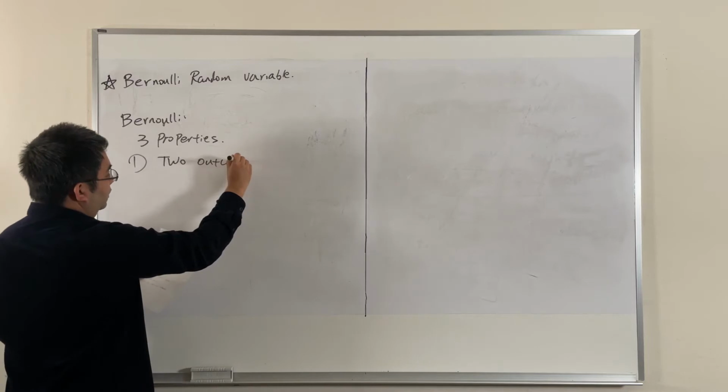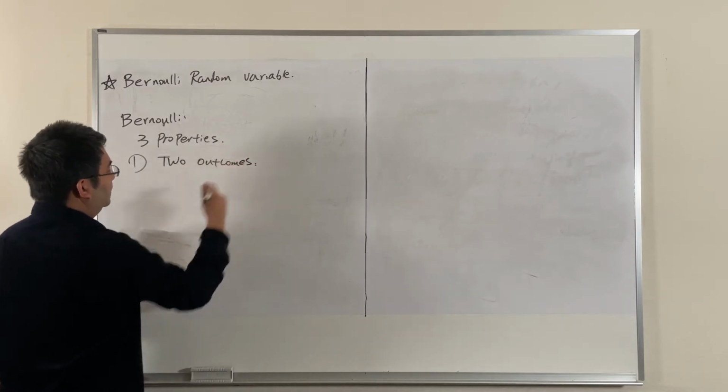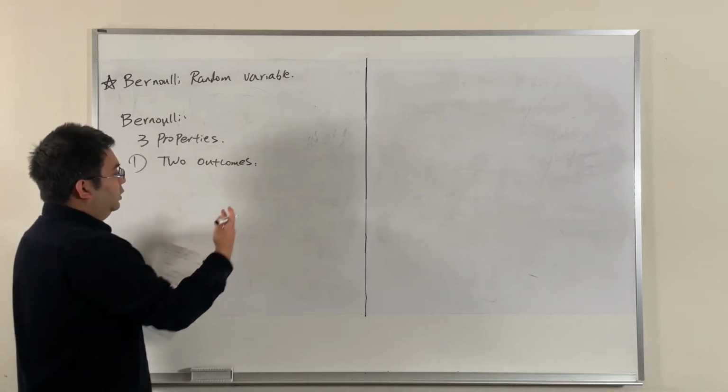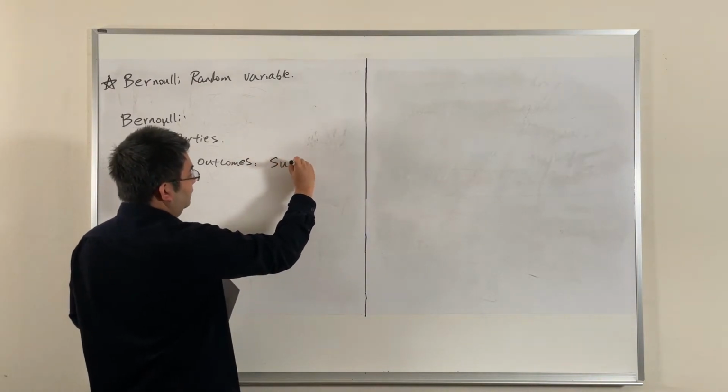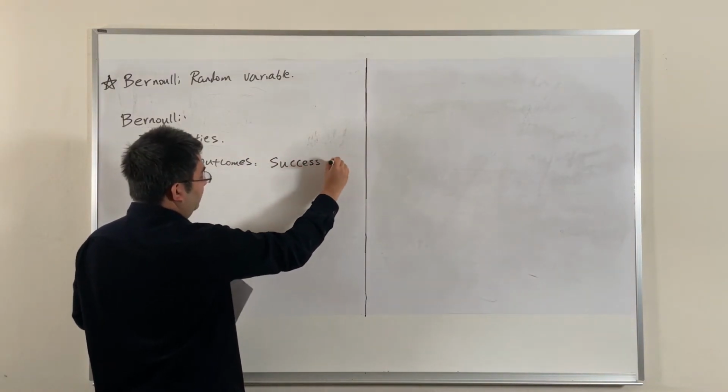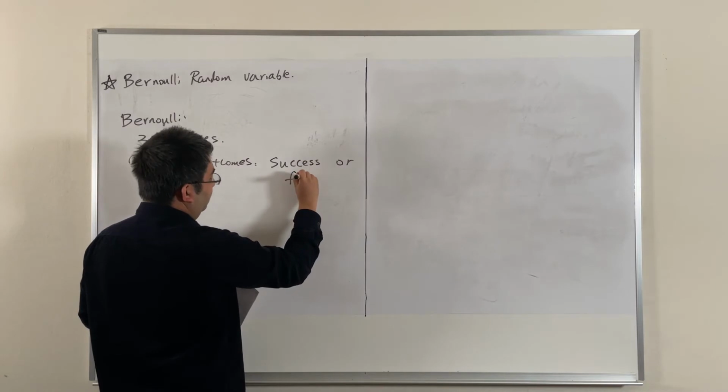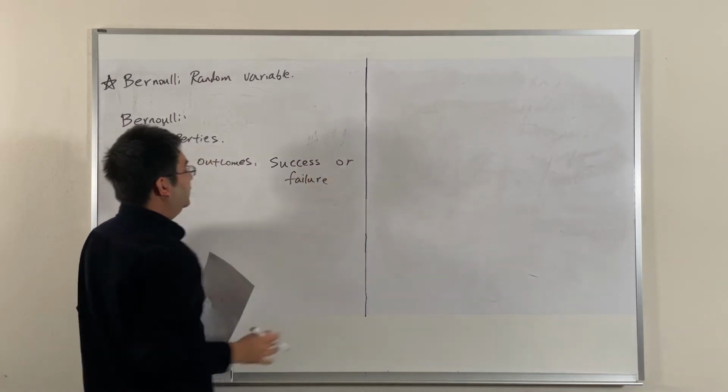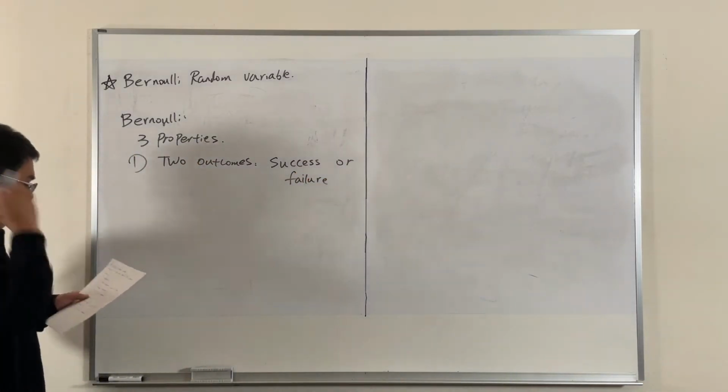The Bernoulli random variable is special because it only has two outcomes. We call them success or failure. Only two outcomes.